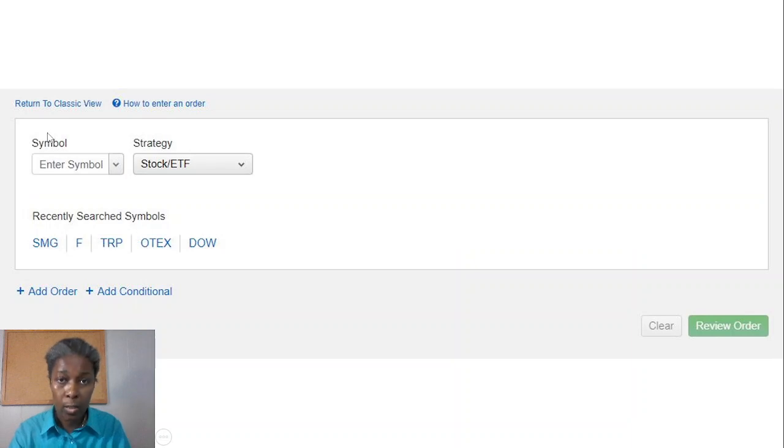And then right underneath it, you will choose the account you want your stock to be in. So if you have more than one account with them, let's say you have a brokerage account and you have a Roth IRA account. A Roth IRA is a retirement account you invest in with after-tax money.